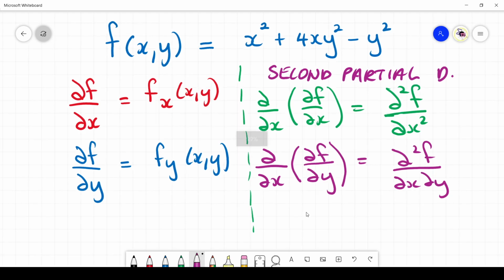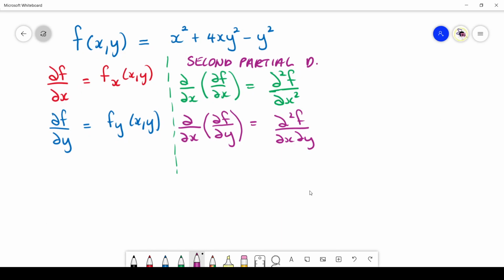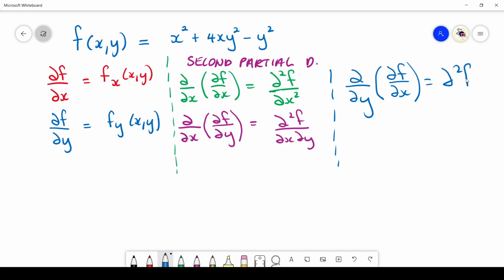Next up, the two reverse situations can happen. Let's just say you differentiate your function with respect to y the second time, but initially you had differentiated your function with respect to x. That looks like delta 2f delta y delta x.